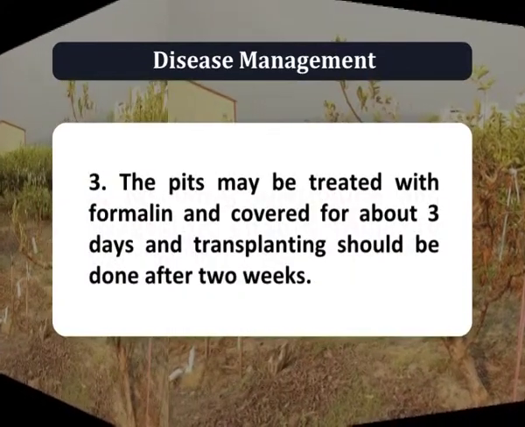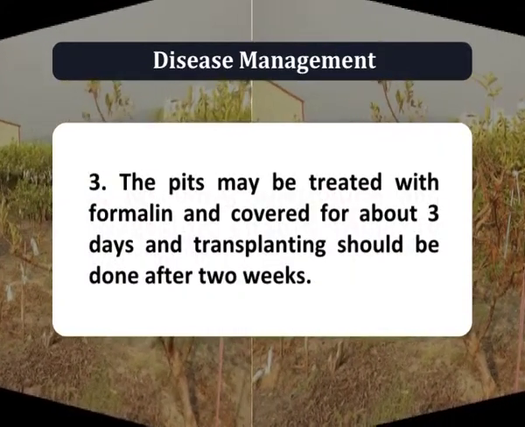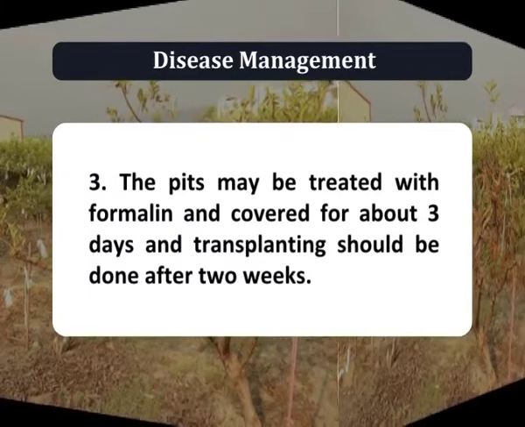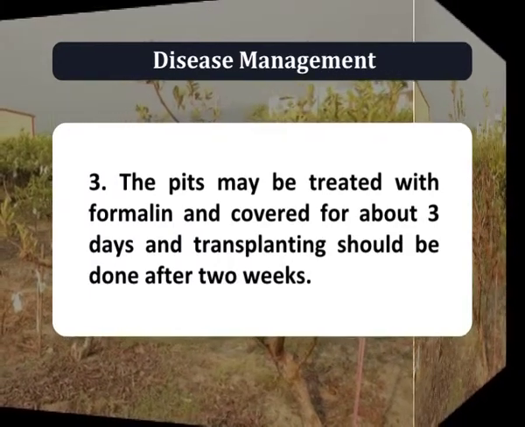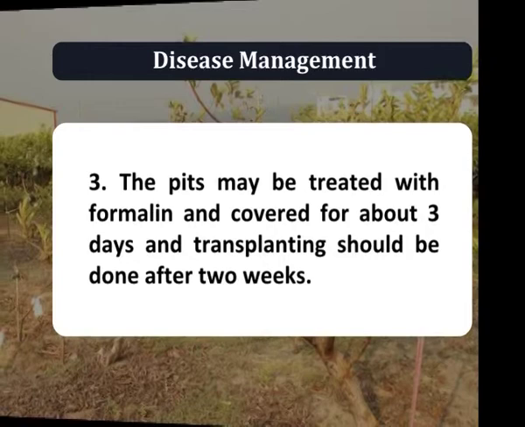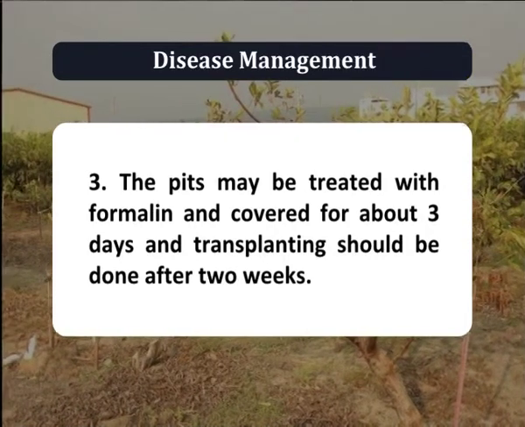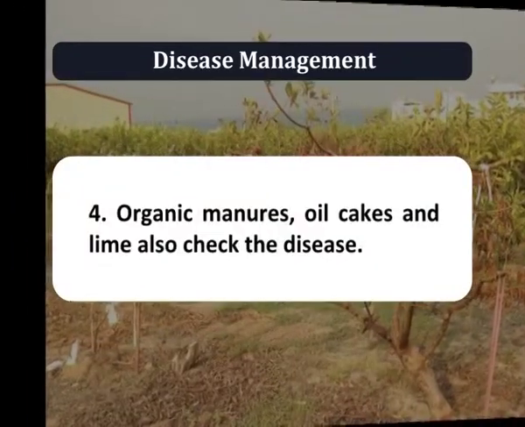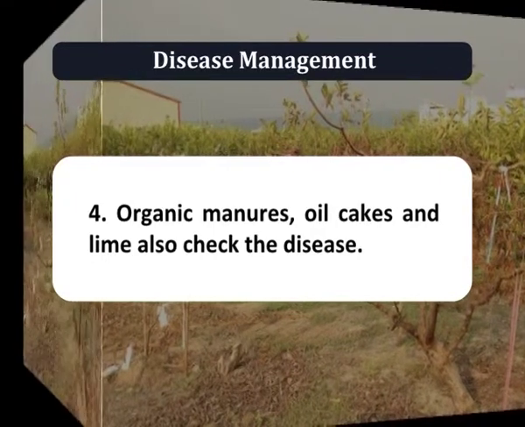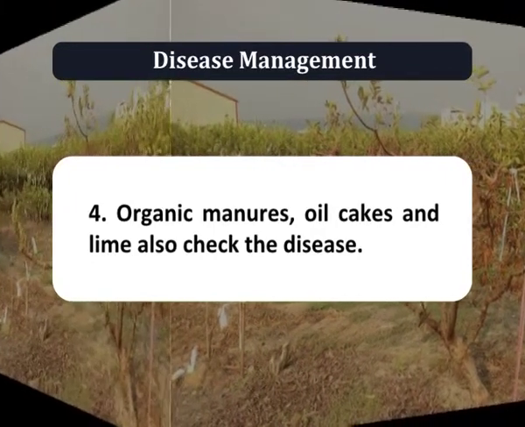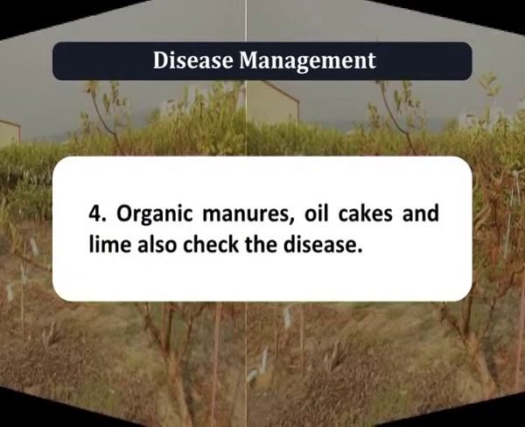The pits may be treated with formalin and covered for about 3 days, and transplanting should be done after 2 weeks. Organic manures, oil cakes and lime also check the disease.